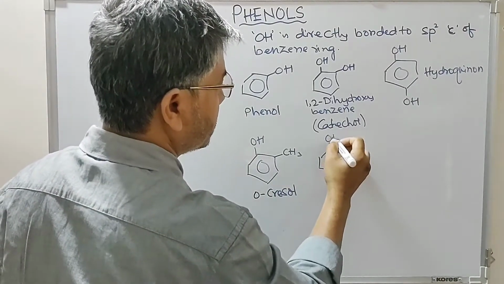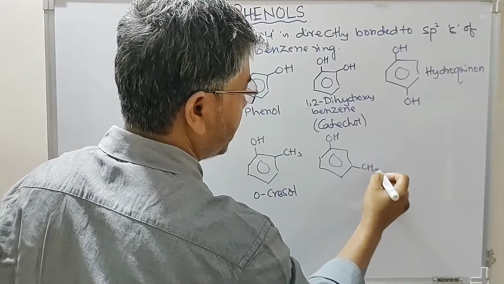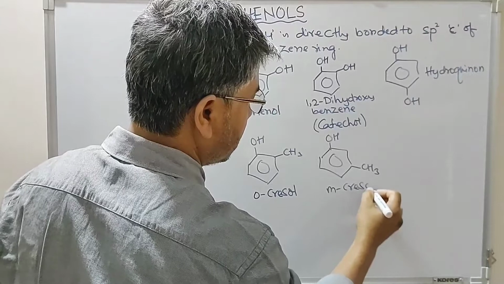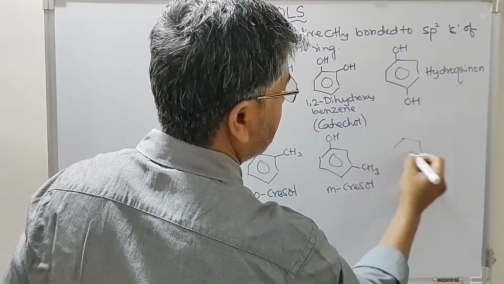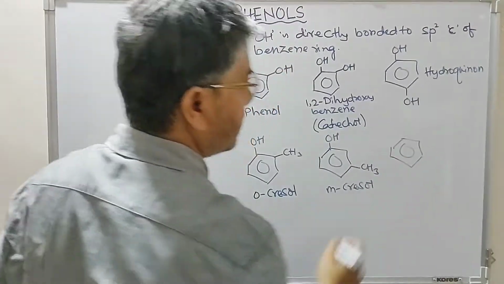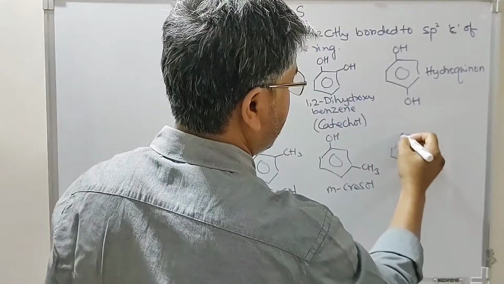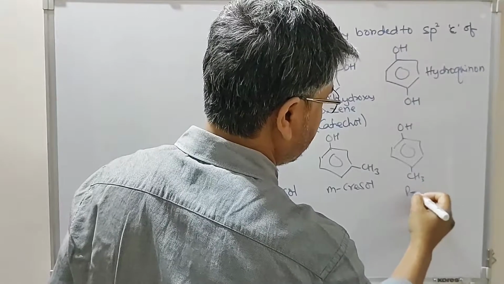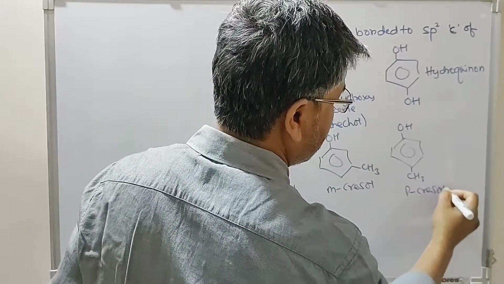We have a look at this methyl group at meta position, known as meta-cresol. We have the methyl group at para position. We say this is para-cresol.